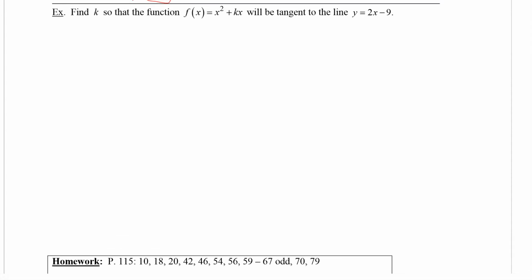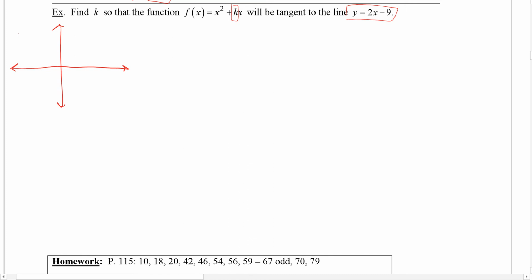Find k so that the function f of x is equal to x squared plus kx will be tangent to the line y is equal to 2x minus 9. So let me draw a picture. We need to find out the k that touches the graph with this line.